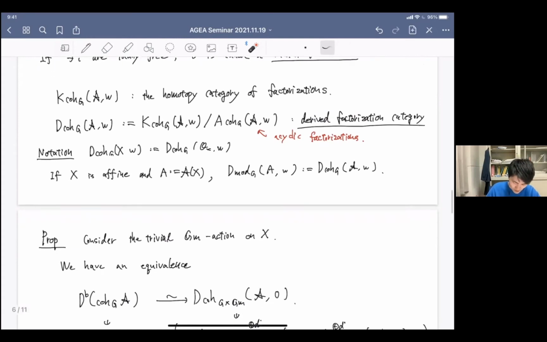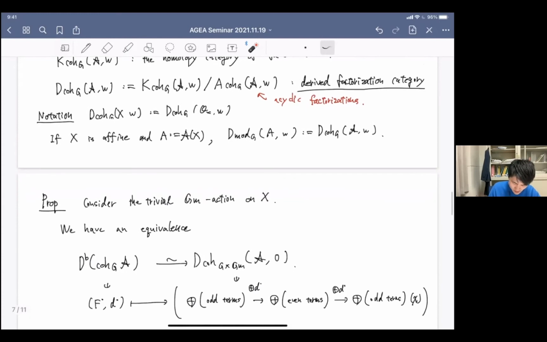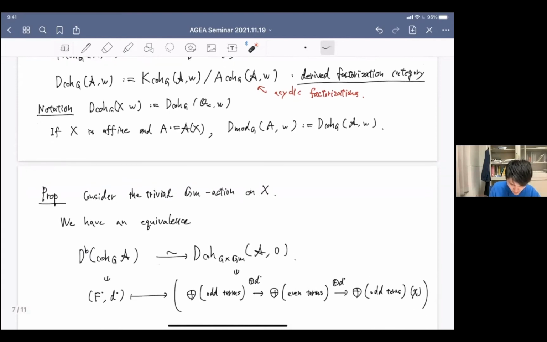So consider the trivial Gm action on the variety X. Then we have an equivalence between the bounded derived category of G-equivariant coherent A-modules and Dec of G times Gm, A0.